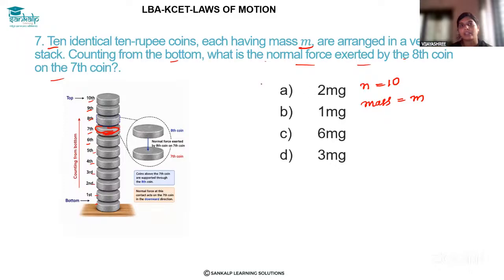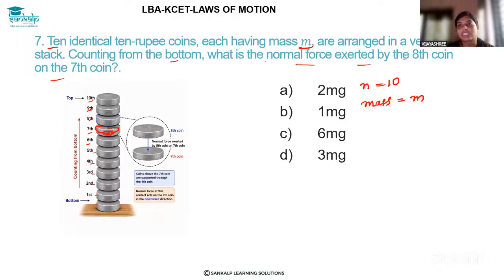So we need to identify the normal force exerted by the 8th coin on the 7th coin. If we find how much weight is on the 7th coin, we find the normal force. The 7th coin is carrying the weight of the 8th coin, the 9th coin and the 10th coin, these three.